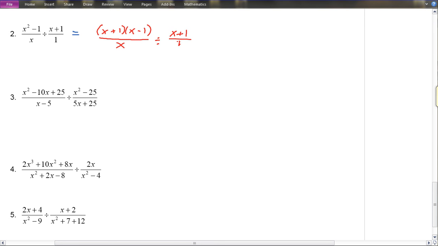Okay, so x squared minus 1 factors down into x plus 1, x minus 1 over x, and then divided by x plus 1 over 1. And that's it.